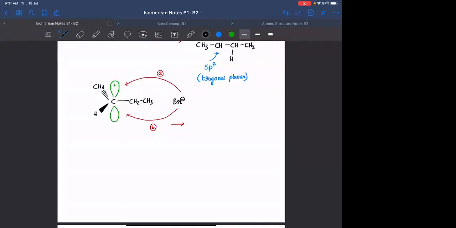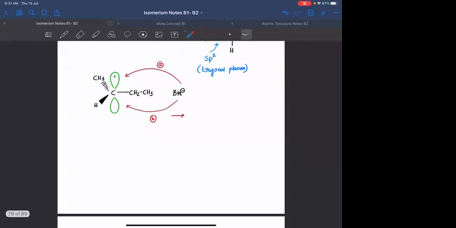Okay. So whenever you are attaching Br via path A, what will happen? You have attachment of Br here. You will be having CH2 CH3. The molecule converts into tetrahedral geometry. यहाँ पे आपको CH3 है, and then you are having hydrogen. Okay, this is the product.